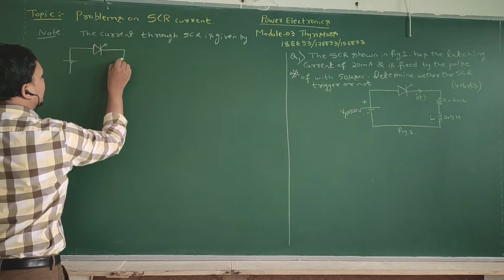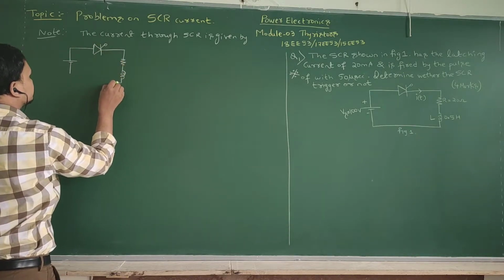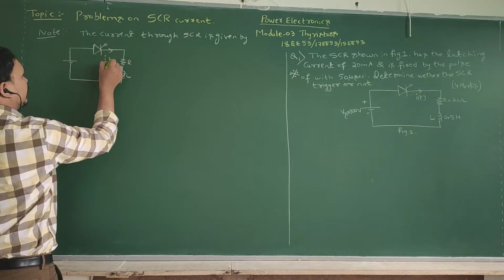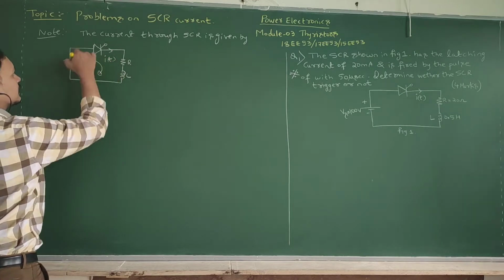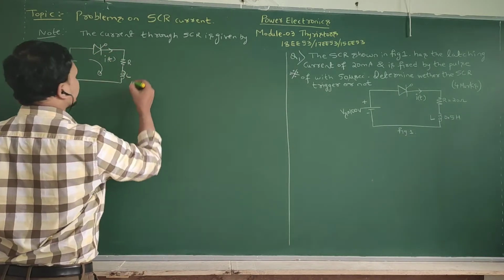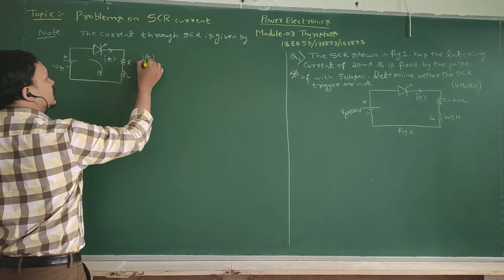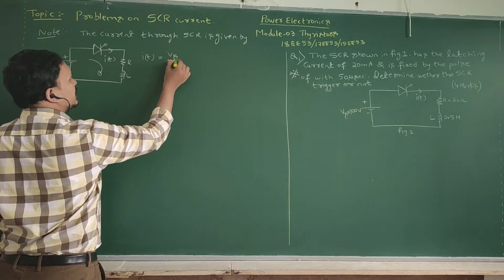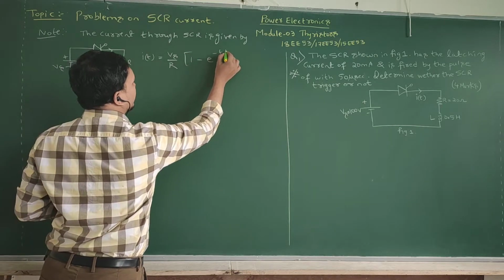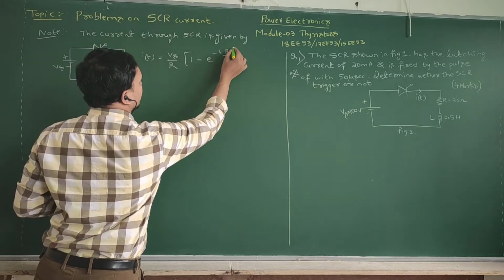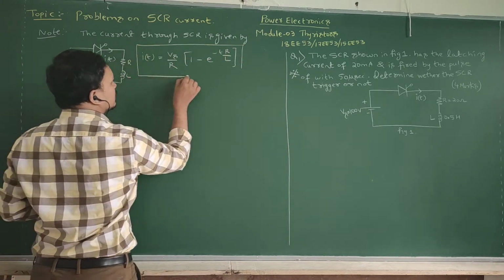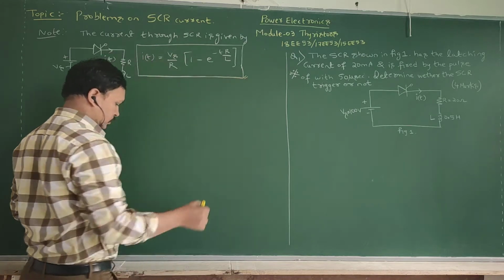So thyristor is driving RL load, R and L. So we have to find what is the current flowing in this particular circuit. So the equation will be I of t is equal to Vs by R within the bracket 1 minus e to the power of minus t R by L. So this is the current equation.